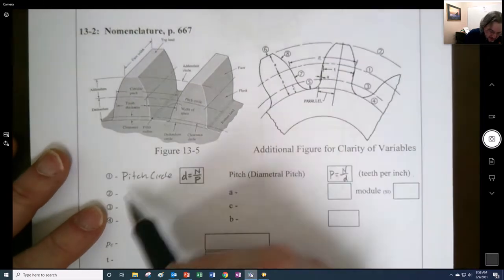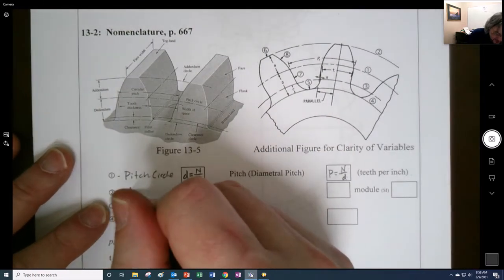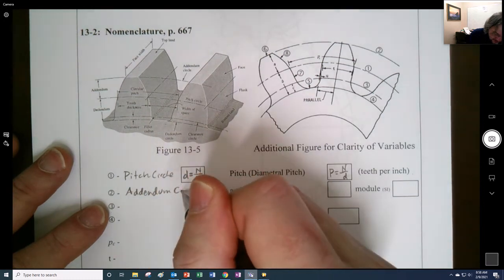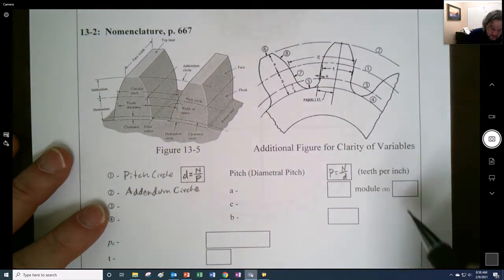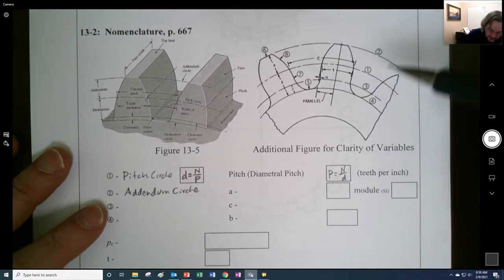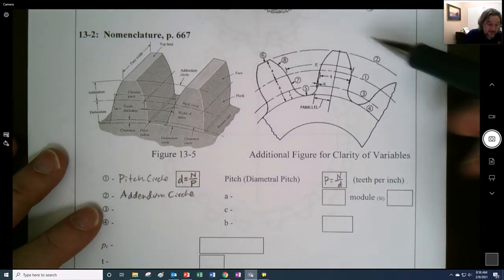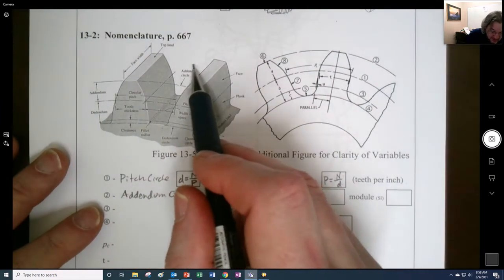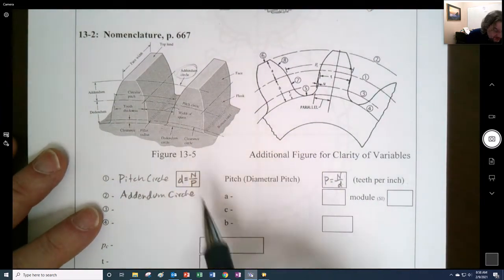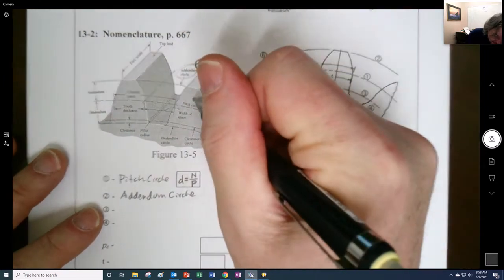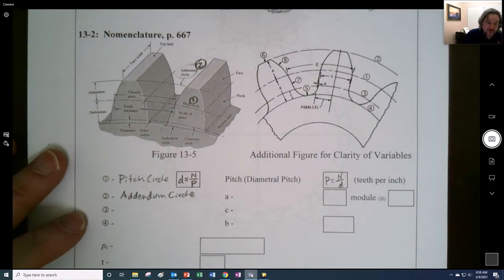Now we start to go with another one here, the addendum circle. And the addendum circle is number 2. You can see it's the outside diameter, right? And so you'll see here's the outside, the addendum circle right in there. We could even put a little 2 next to that. I guess we should have put a 1 next to the pitch circle.